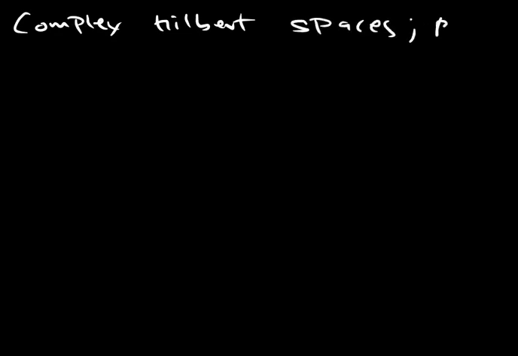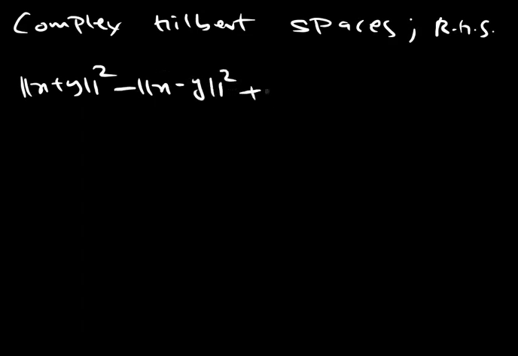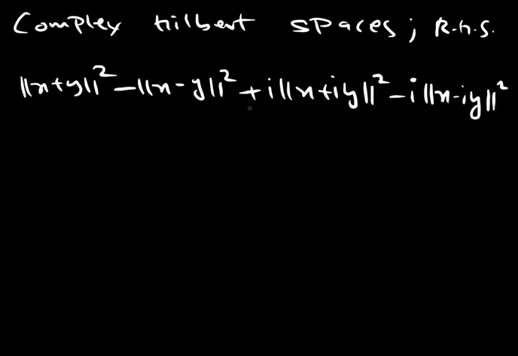Let's look at the RHS of this thing. It is norm of x plus y whole square minus norm of x minus y whole square plus i times norm of x plus iy whole square minus i times norm of x minus iy whole square.